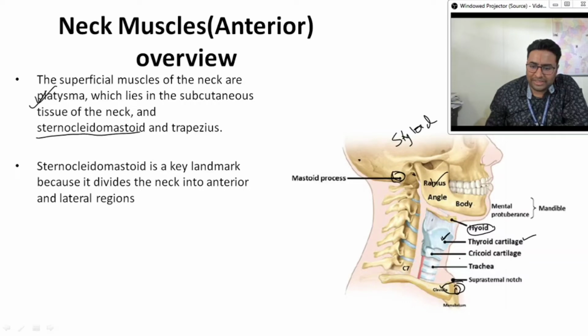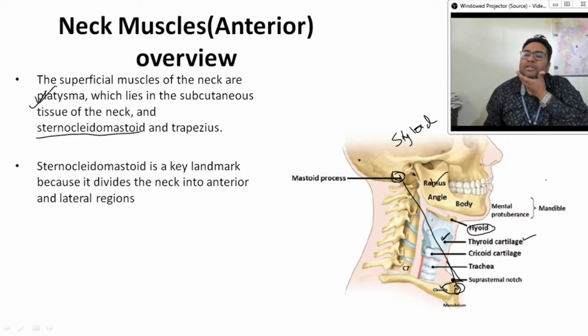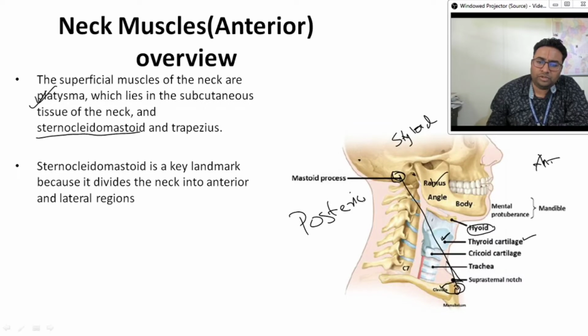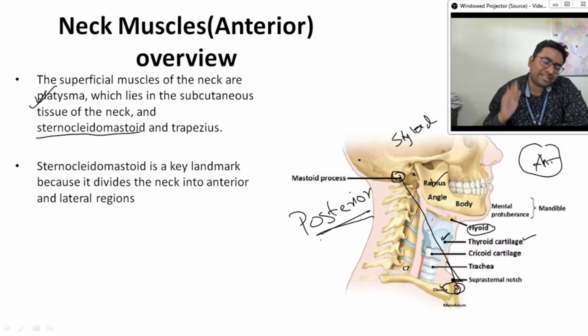This muscle is present diagonally, and it is dividing the neck region into anterior and posterior parts. You have to understand this part. The anterior is more medial and the posterior is more lateral.